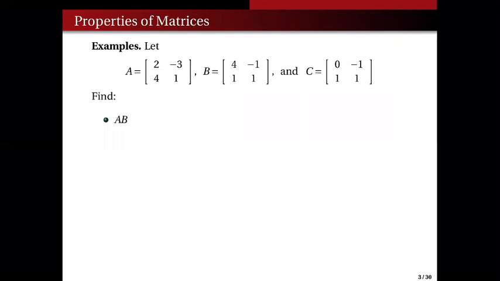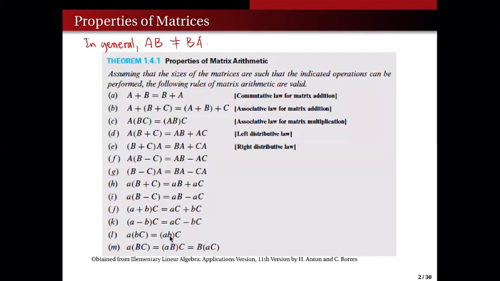Let's have the matrices A, B, C here, and then we want to find first the product AB. In the next few slides, we'll be practicing our matrix multiplication, and of course, we will be checking the properties of matrices that I have enumerated here.